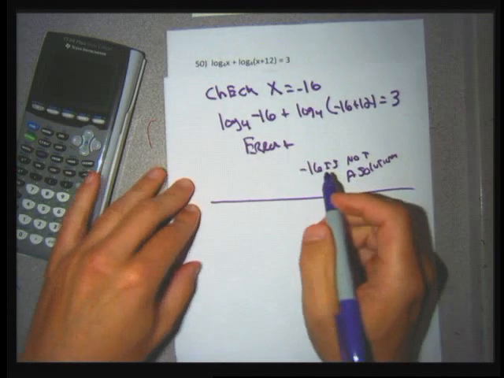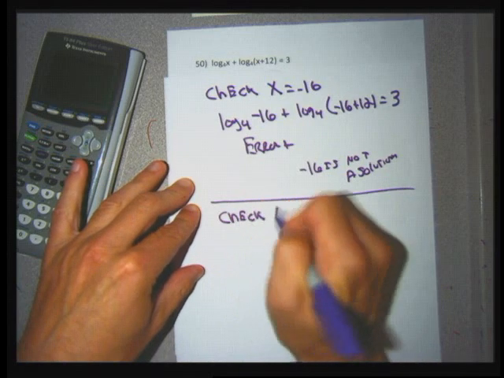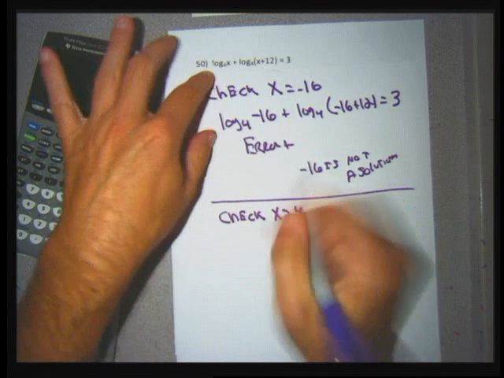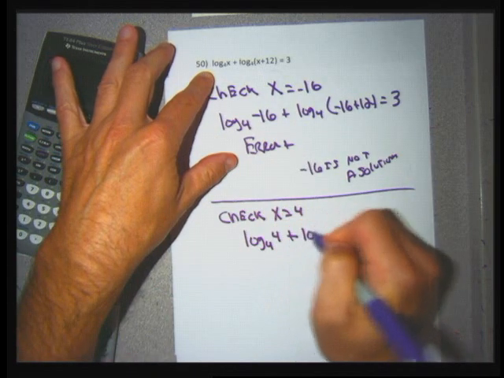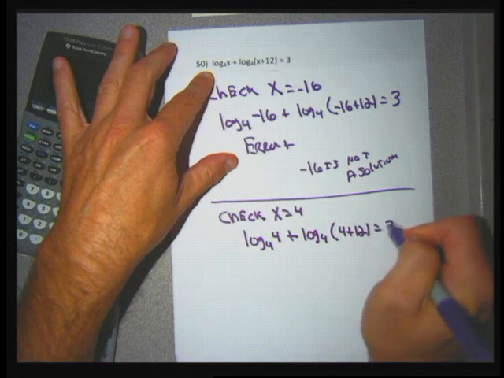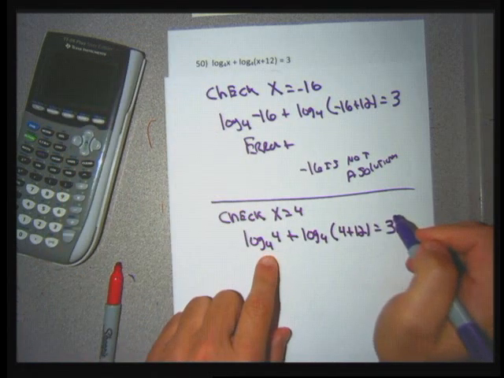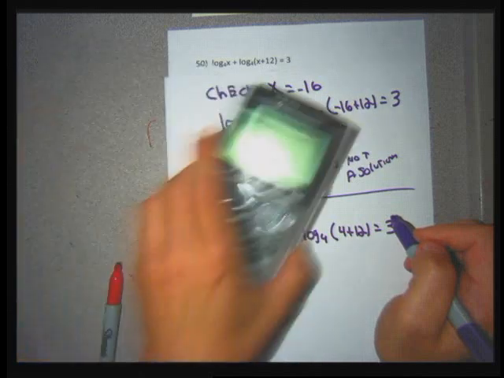Hopefully that actually checks. So now I'm going to check x equal to 4. I'm going to go log base 4 of 4 plus the log base 4 of 4 plus 12 and see if that equals 3. For that one, I'm going to do log of 4 divided by log of 4. For this one, I'm going to do log of 16 divided by log of 4.